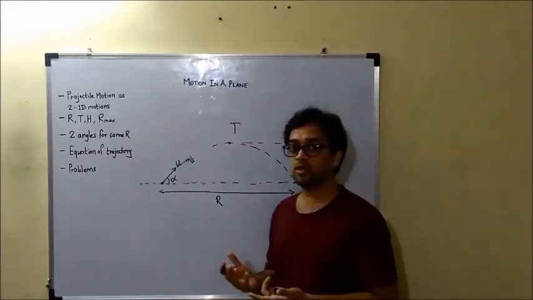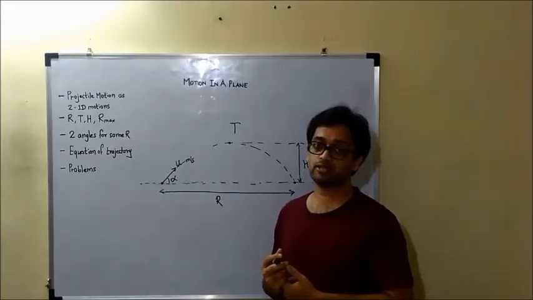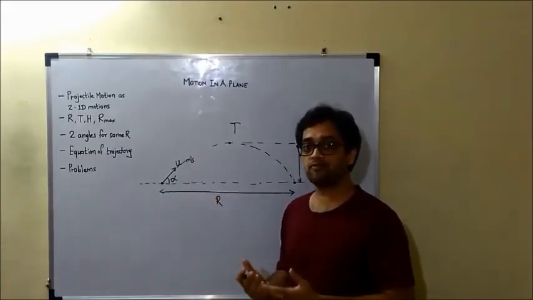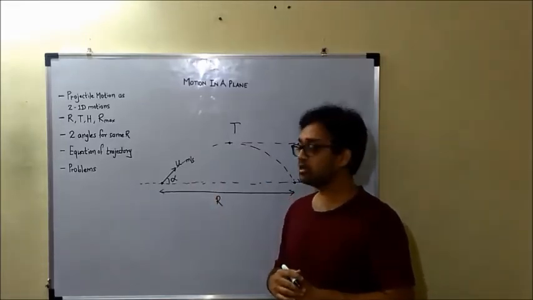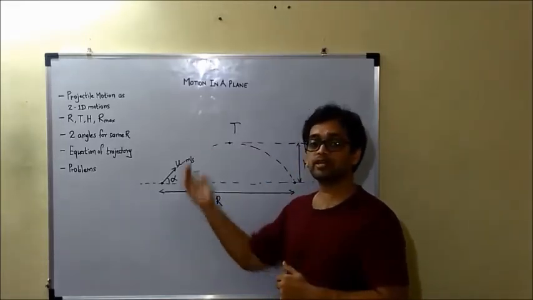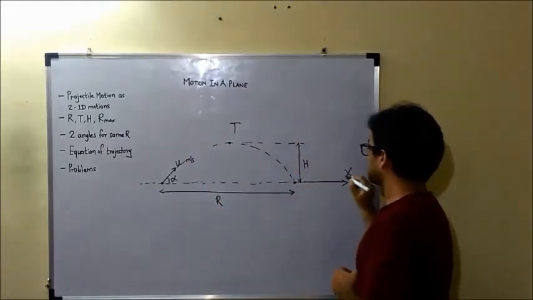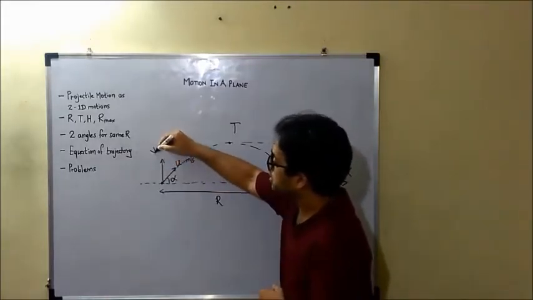The first principle of 2D motion, which I have already explained in the last lecture, says that a 2D motion should be analyzed as if it is two one-dimensional motions, right? So what are the two directions that are involved in this motion? The first direction is the x direction, the other direction is the y direction, right?